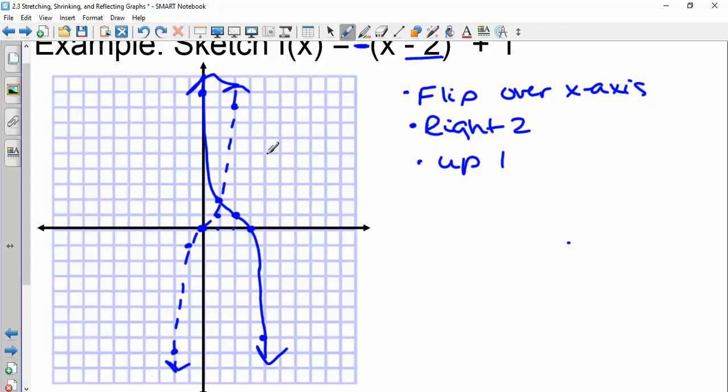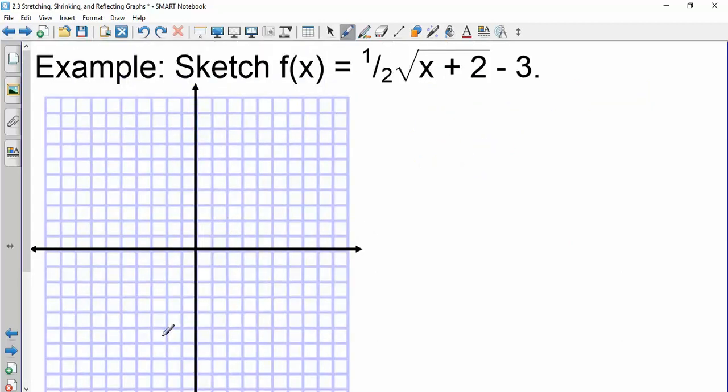All right, last one. What will the 1/2 do?